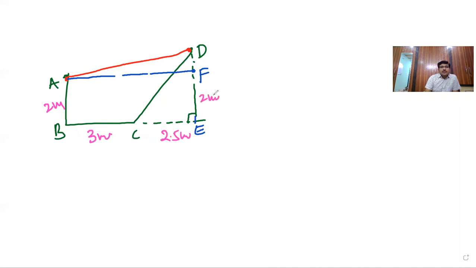This is again 2 meters because it is parallel. So DE is 2.5 root 3 meters. Now, we require AF.